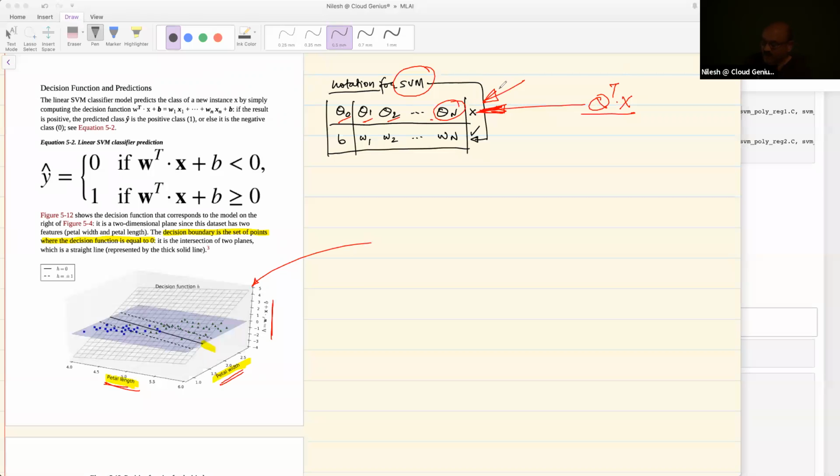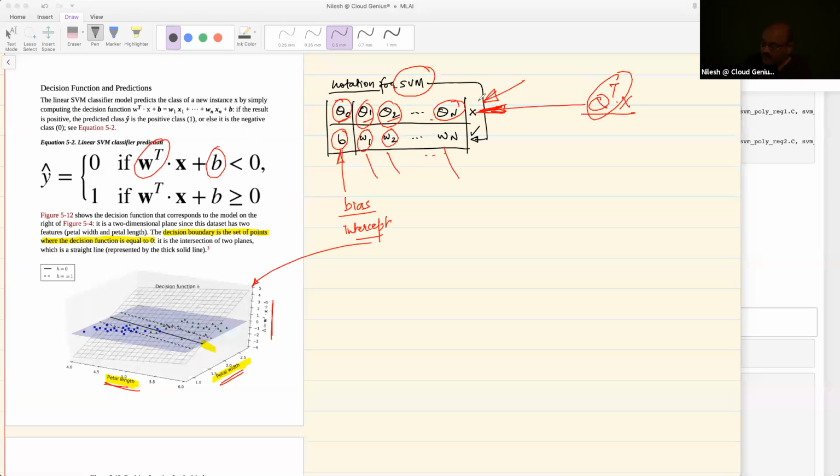But in case of SVM, the general convention is to use this b as the bias term or intercept term, and then use W1, W2 as the corresponding variables. So that's the reason why we have this W transpose as opposed to theta transpose, because the notation is different. By convention, this is how people have been doing it in the past. Now this b corresponds to the same theta 0 that we had before.